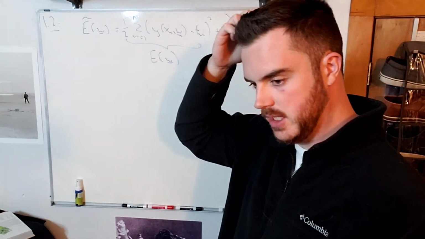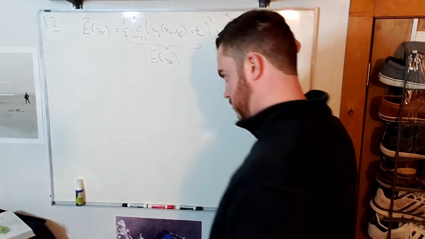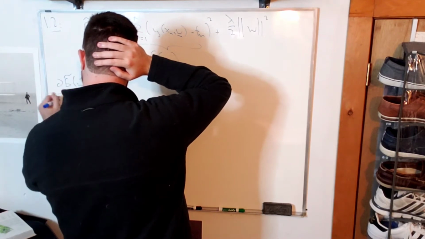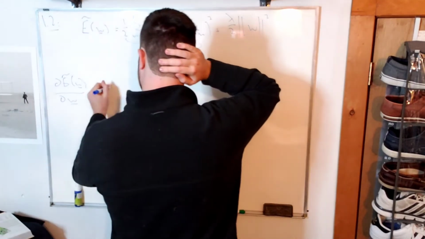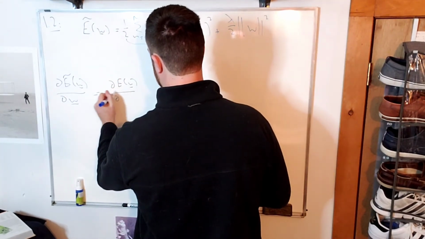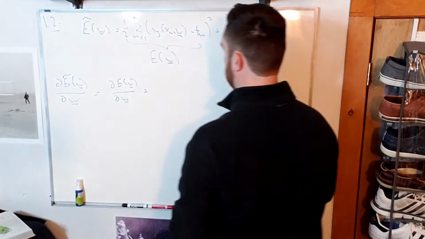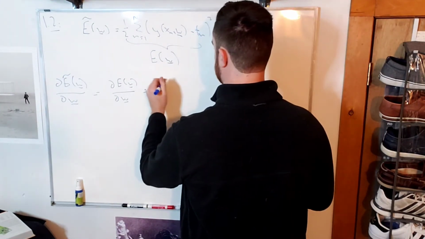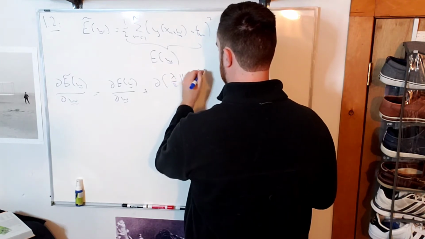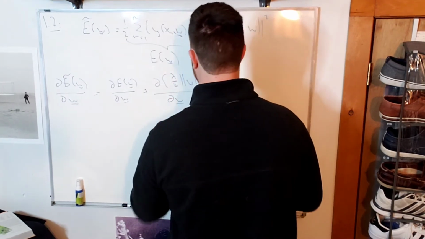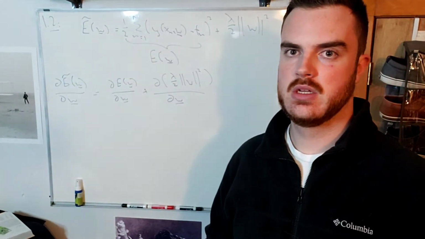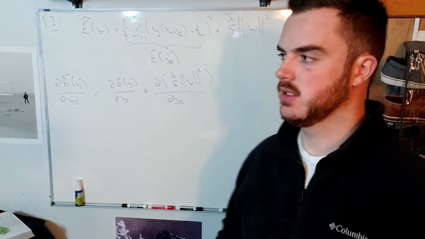so taking the gradient of E tilde, it would be the same thing as taking the gradient of E plus the gradient of the second term, just because derivative or gradient is basically a linear operator.